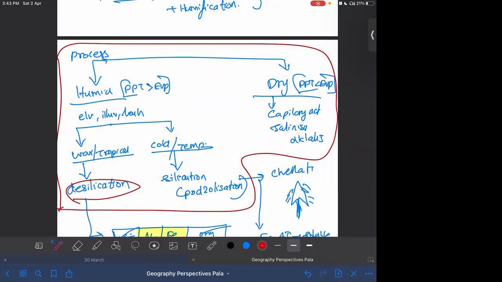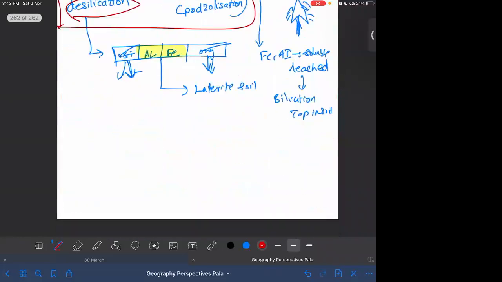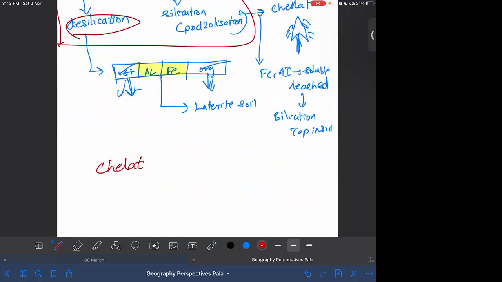Podsolization or silication. In coniferous forest zones, chelating agents or chemicals are found in the leaves of coniferous trees.